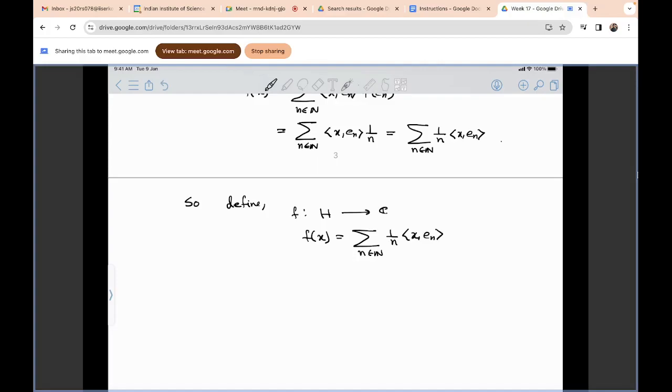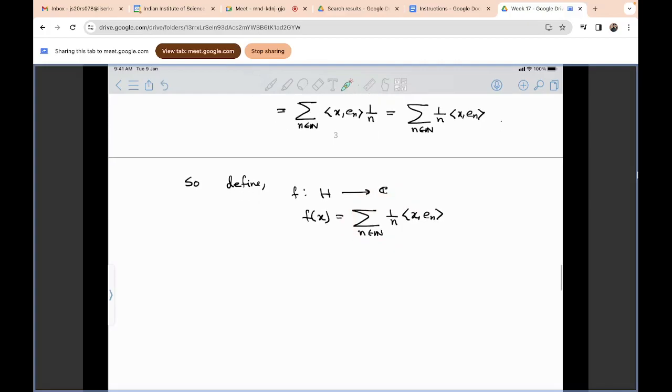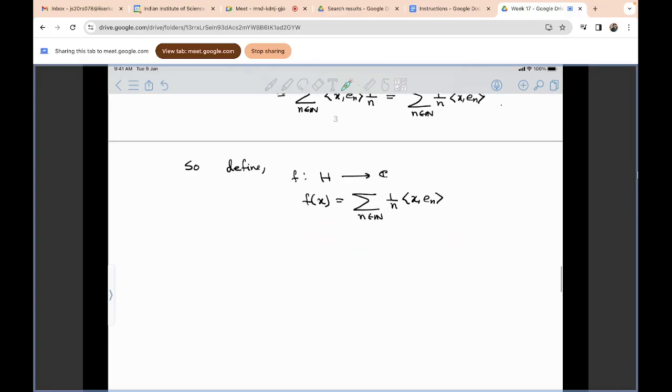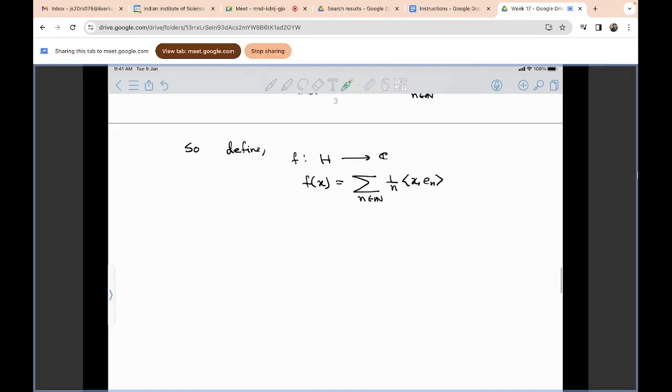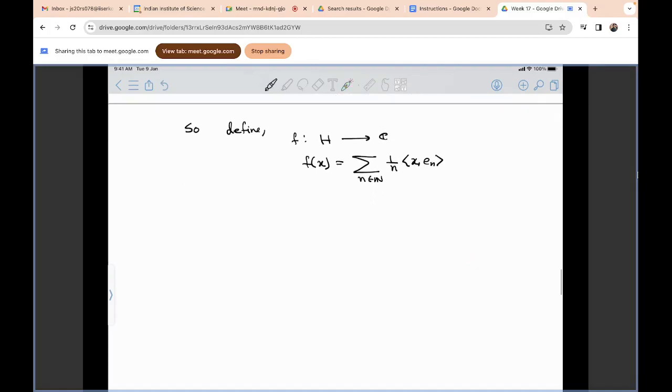Okay, so we have defined it like this, but why does this make sense? Why is this finite? We have to check, because this should be an element of C. Linearity is not a problem, but we also have to check that this is a bounded linear function. Okay, so let's check.